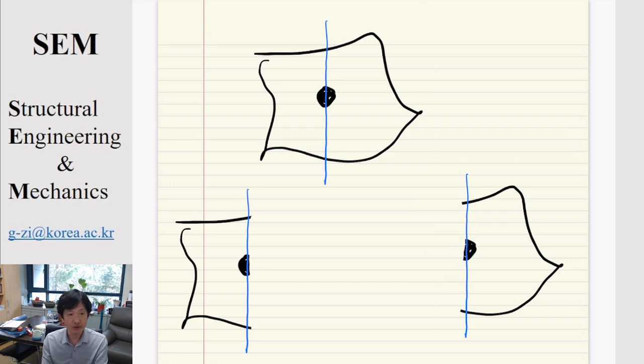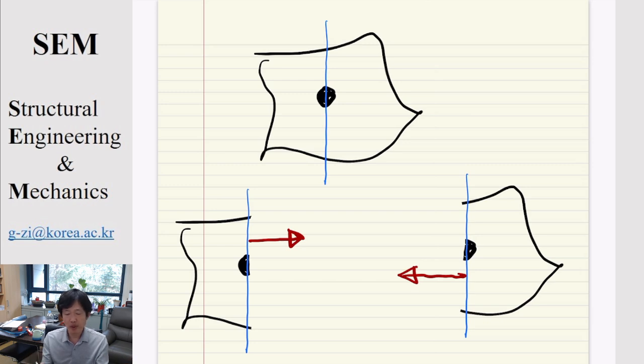And how do we define the direction of observation? The direction of observation can be defined by means of a unit normal like this. This is the right hand side. And then this surface or this plane can be characterized by this normal.